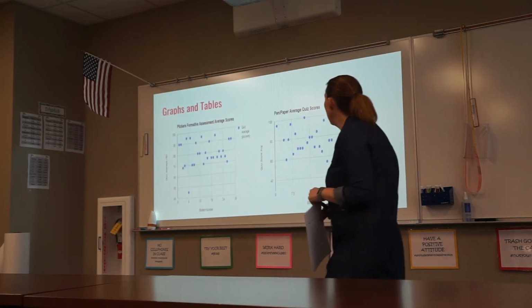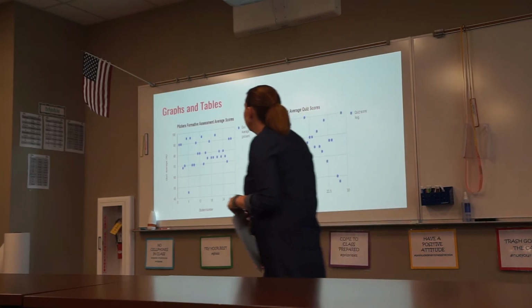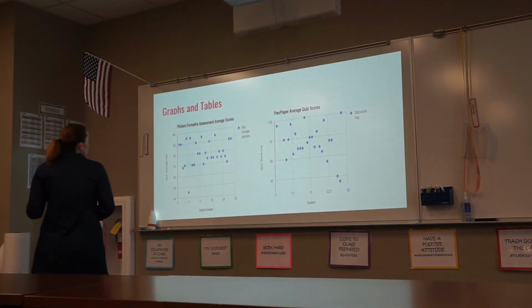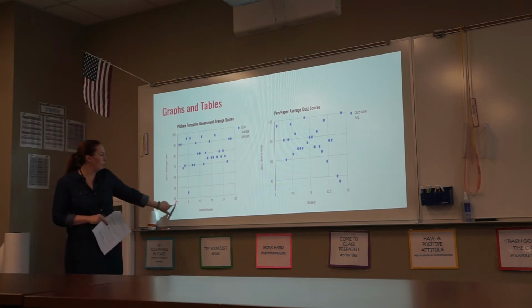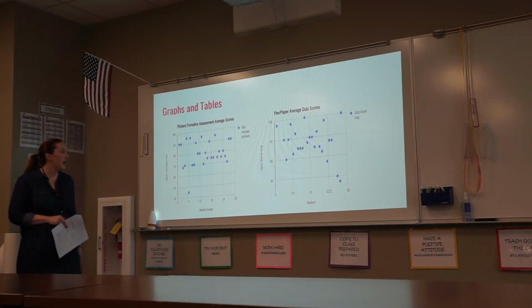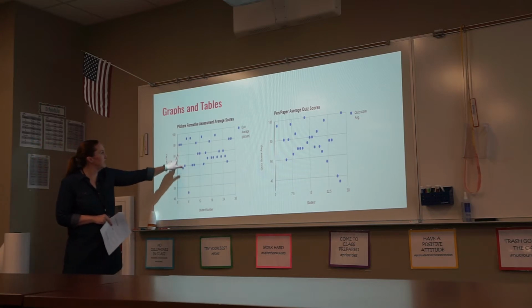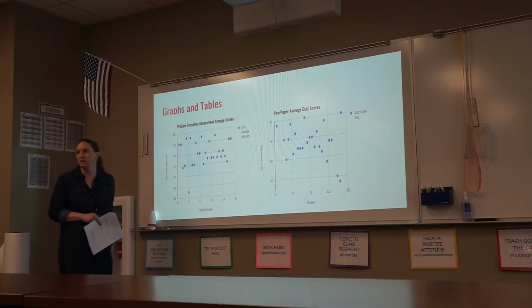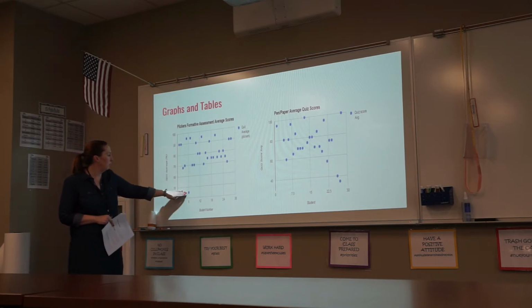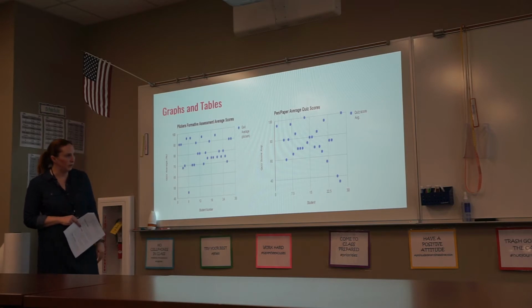So here are some graphs of the actual different assessments. With the Plickers assessments, we were able to graph the average quiz score here, and you can see that the majority of the students scored at least a 70%, with just one scoring a little bit lower.